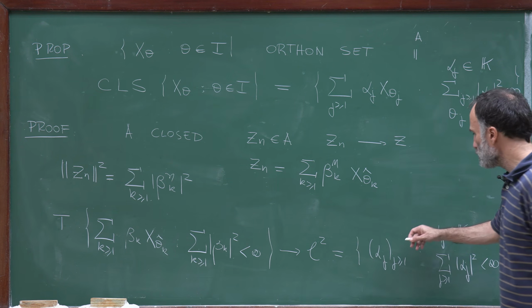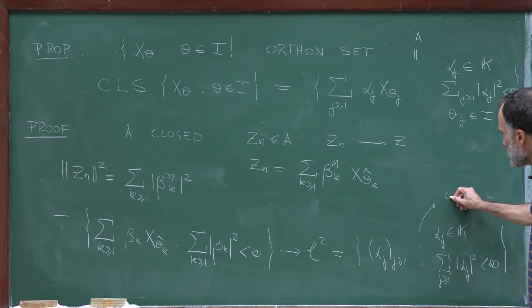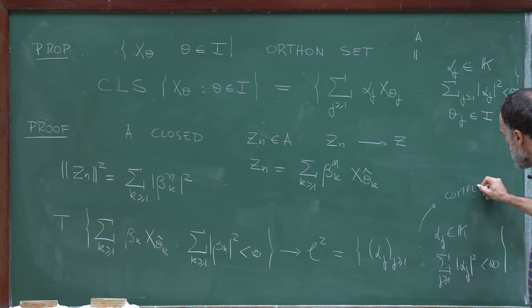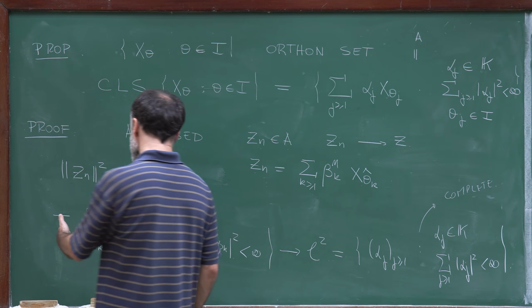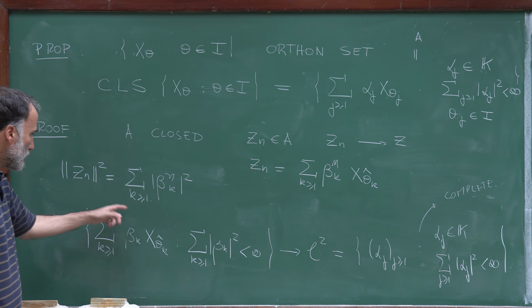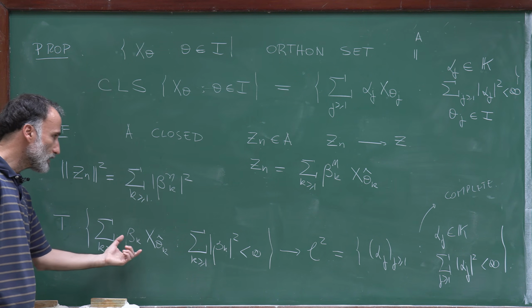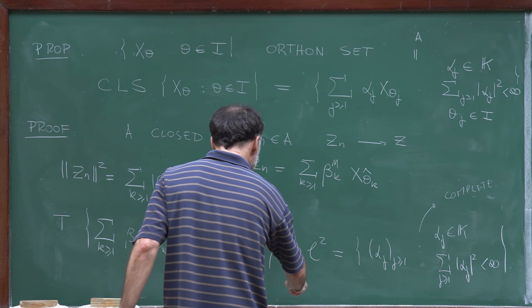Recall that we proved that this set is a complete set, and I will need that. So what is the map? Well, it's very easy. You take an element from that set and you send it to the sequence beta k.